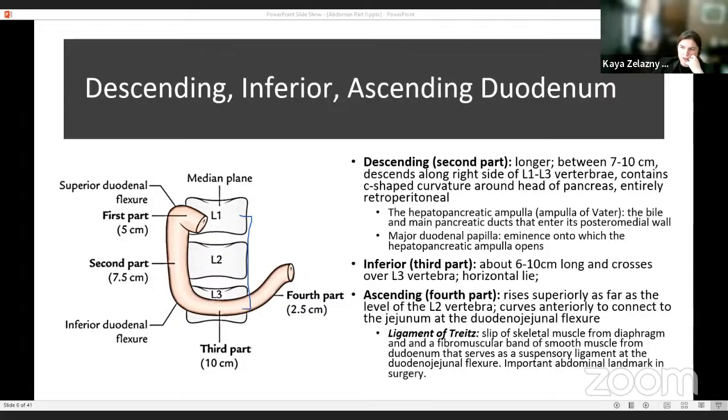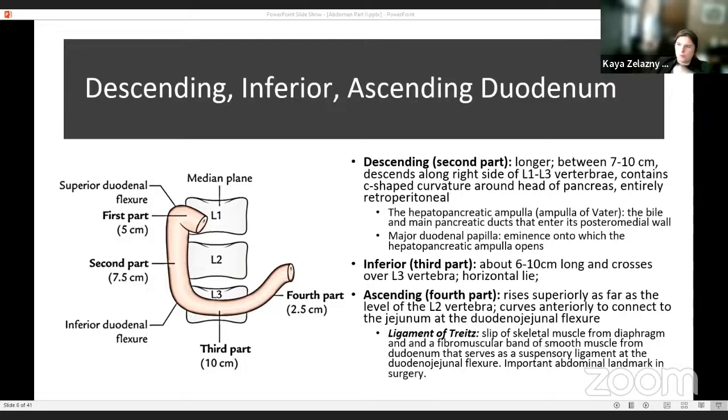Now, the whole second part of the duodenum is retroperitoneal. Okay. And what we're also going to see in this area is something called the hepatopancreatic ampulla, or the ampulla of Vater. This is going to be where we have our bile duct and our main pancreatic duct entering into the duodenum and secreting essentially digestive enzymes in order to help us digest food.